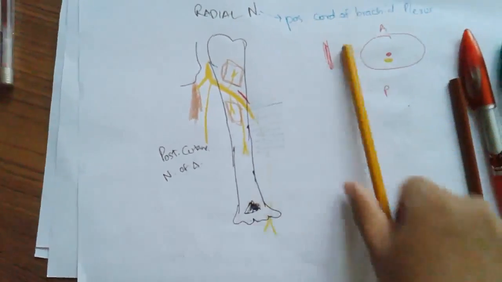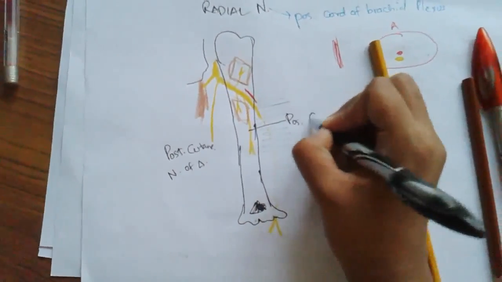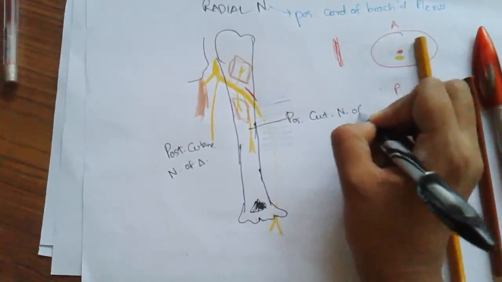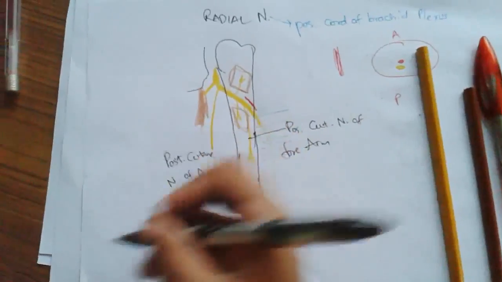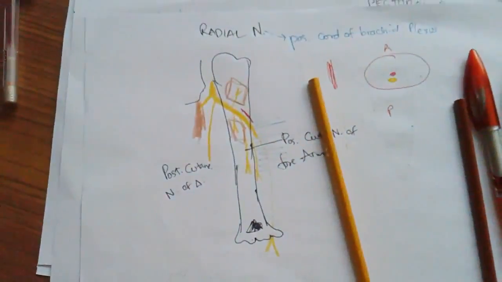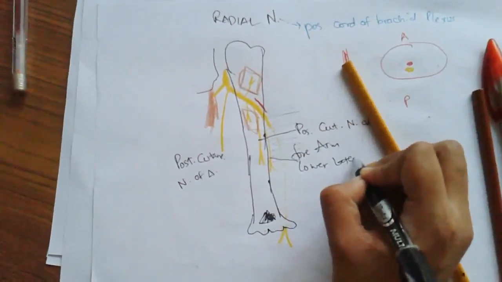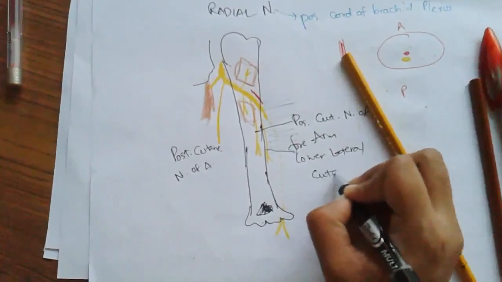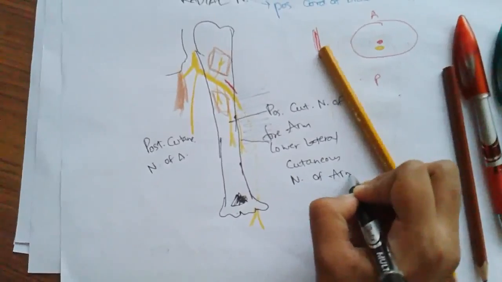One is the posterior cutaneous nerve of forearm, because the arm branch is given in the axilla, and the other is the lower lateral cutaneous nerve of arm.